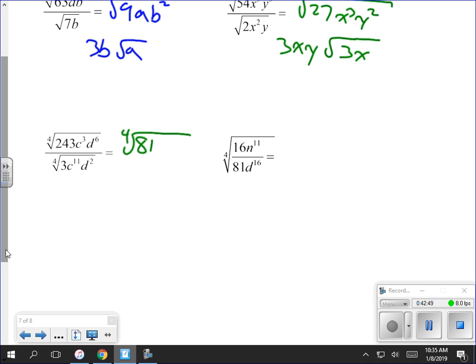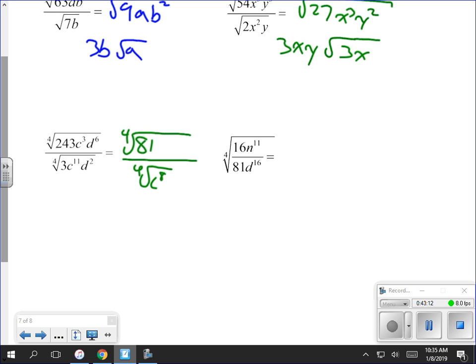I would still divide and reduce, but because it's bigger, your answer would be in the denominator. Still subtract. 11 minus 3 is 8. But because I have the 11 in the denominator, I have c to the 8th in my denominator. And it's still the fourth root, still inside the radical. I haven't done anything to simplify that yet.